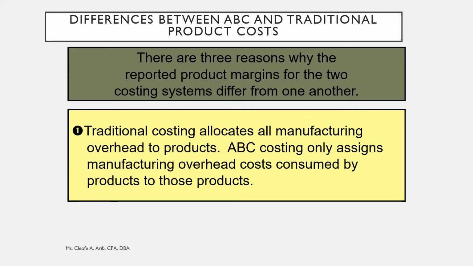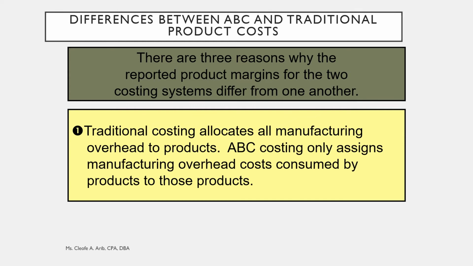This forces both products to absorb all manufacturing overhead costs regardless of whether they actually consume the costs that were allocated to them. ABC does not assign the manufacturing overhead costs consumed by the customer relation activity to products, because those costs are caused by customers and not by specific products.